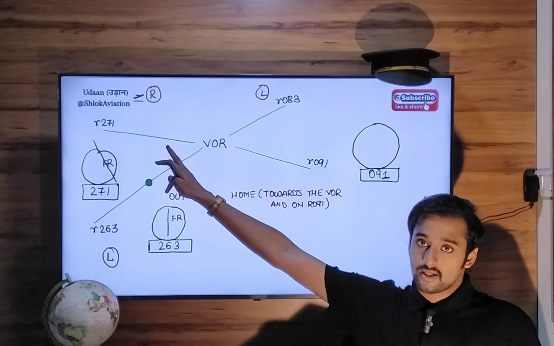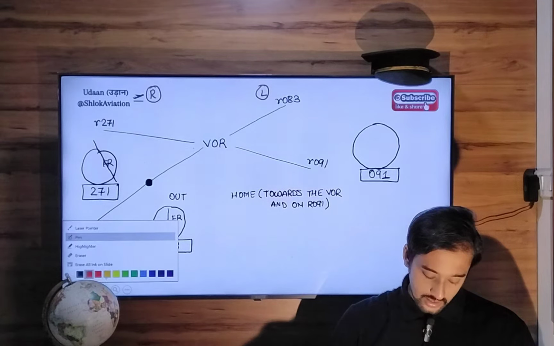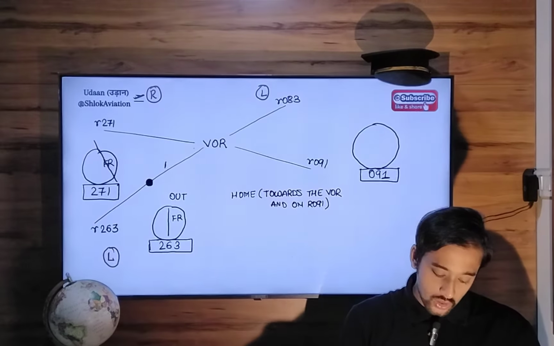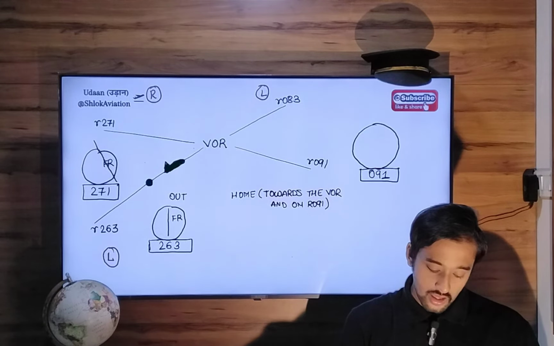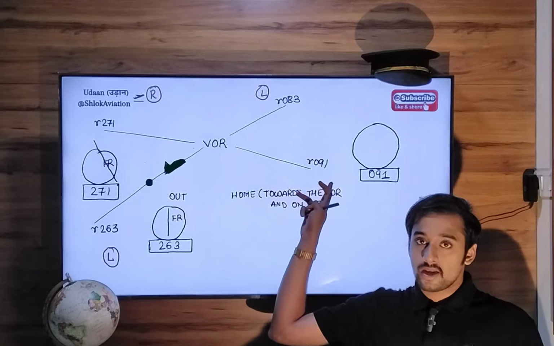Radial 271. So if your aircraft is flying towards the VOR, currently on radial 263, and the pilot has put 091.